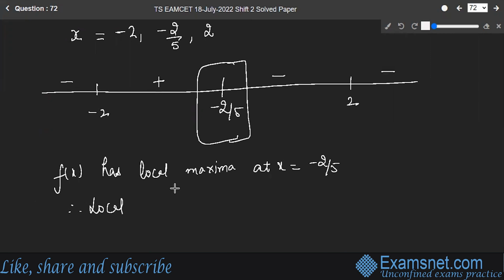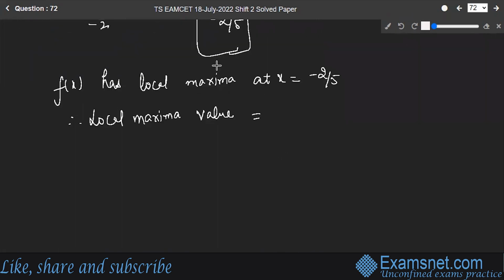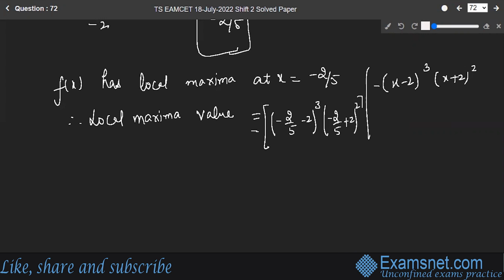Therefore, the local maxima value is equal to, okay, the equation was (x minus 2) cube (x plus 2) square. So this is going to give me minus of (minus 2 by 5 minus 2) cube (minus 2 by 5 plus 2) square.